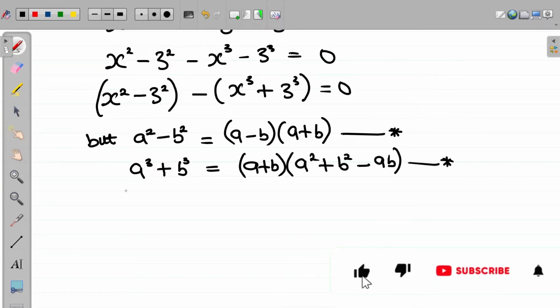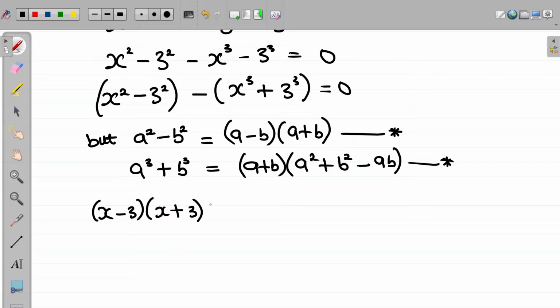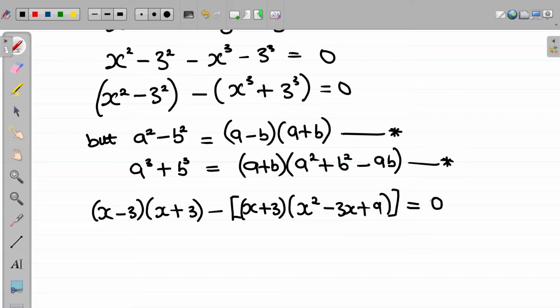We can now say that our equation becomes x minus 3 for the difference of two squares multiplied by x plus 3, minus x plus 3 multiplied by x squared minus 3x plus 9, everything enclosed in a bracket, equal to 0.